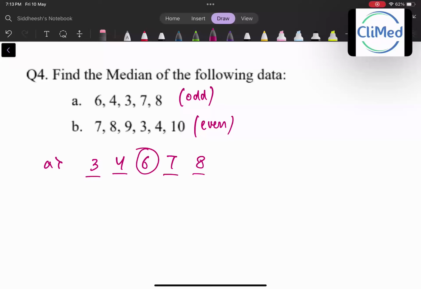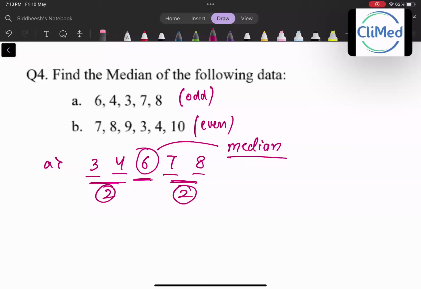That is 6. 6 is your median. Look at the 6. Here we are having two individuals, and again here we are having two individuals. So 6 is exactly dividing the data into two equal parts. Correct?